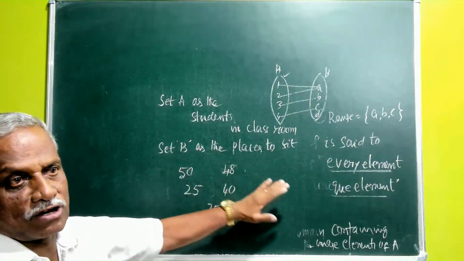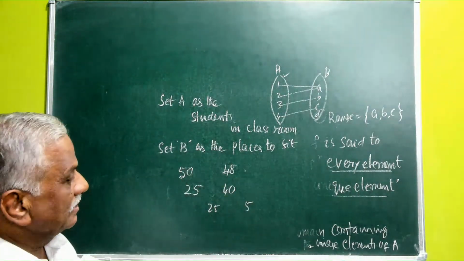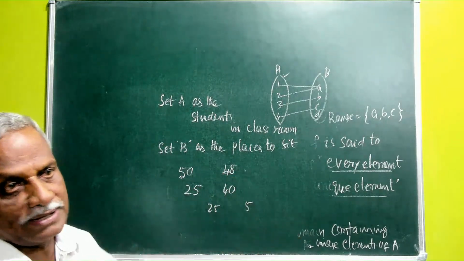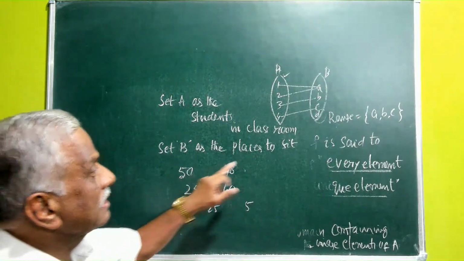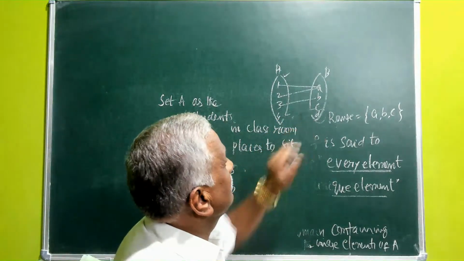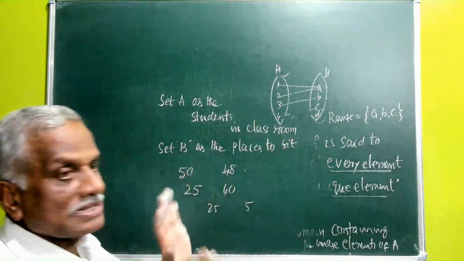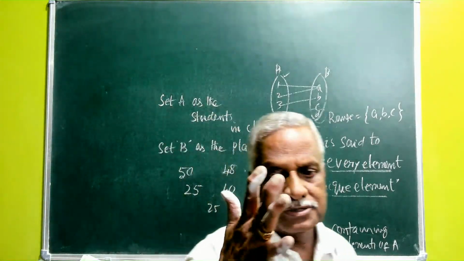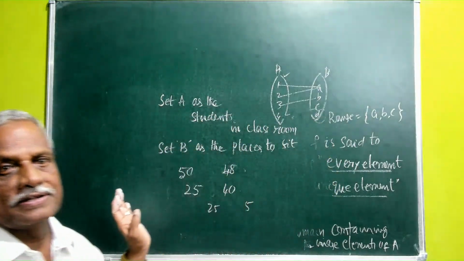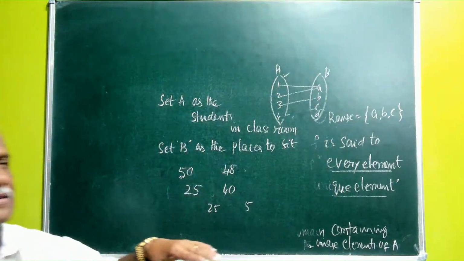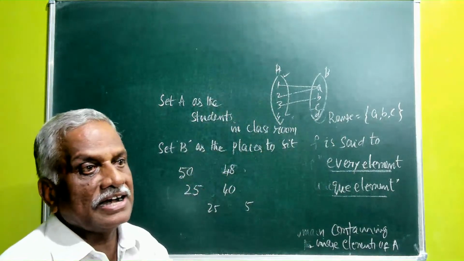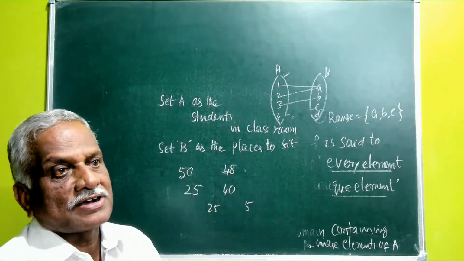Every student must have a place to sit. There can be vacant places in set B, but if I remove this association, it is not a function. So if you remember this analogy of students and places to sit, you can always identify whether the given answers are functions or not.